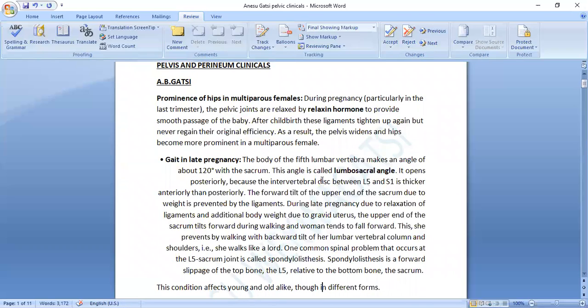Then we have what we call spondylolisthesis and spondylosis. Take note, these two are actually different. So you'd find that spondylolisthesis is more common at this lumbosacral angle, but it can happen anywhere along the vertebral column, just sort of a forward slippage of the top bone relative to the bottom bone. So that is, you're relating the bodies now, and this condition actually affects the young and the old.